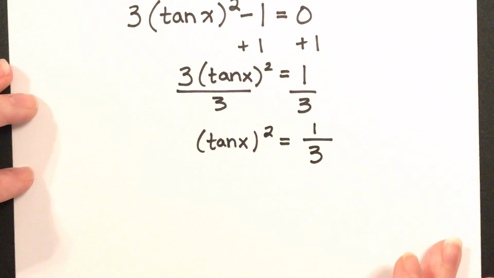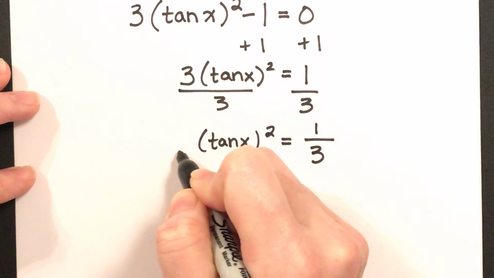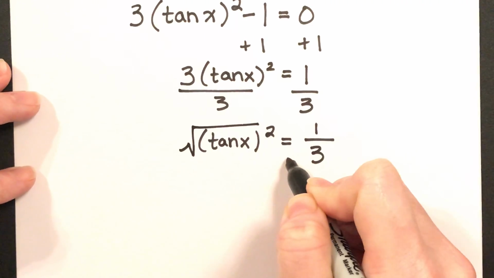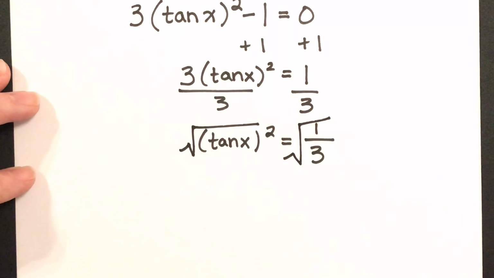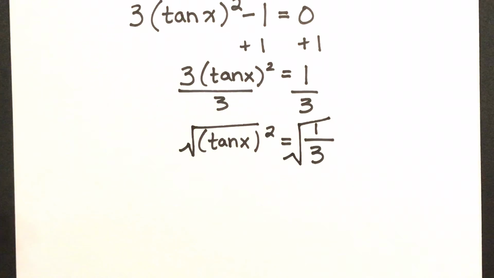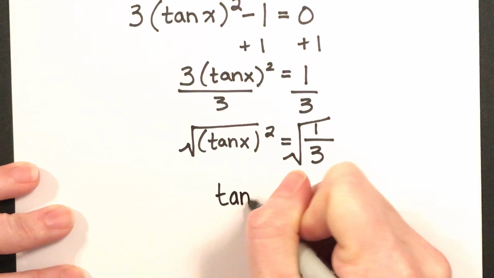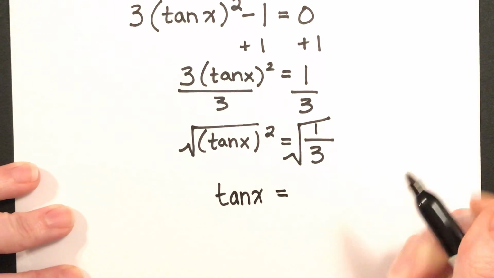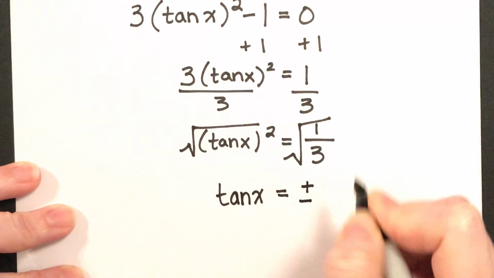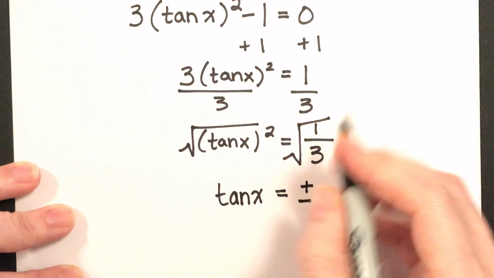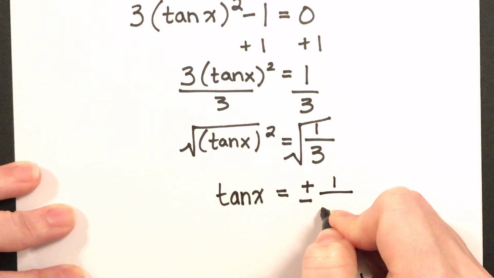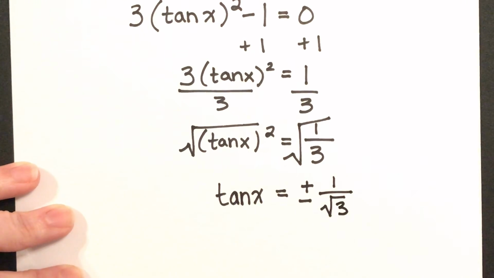Now our next step is to take the square root of both sides. When you take the square root, remember, you always get a positive and negative. So we have tangent x equals positive or negative the square root of 1, which is just 1, over the square root of 3.